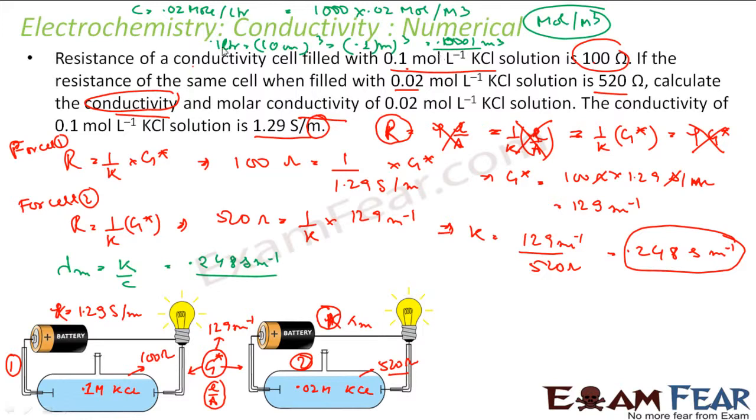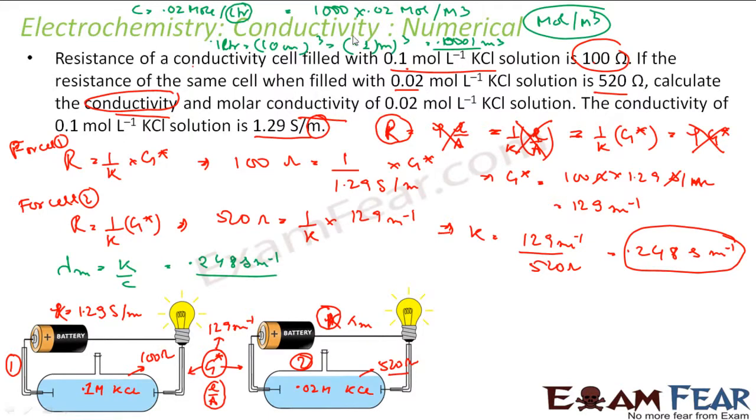Right? So you replace liter with 0.001 meter cube, and since liter is in the denominator, it means you multiply the whole thing with 1000.